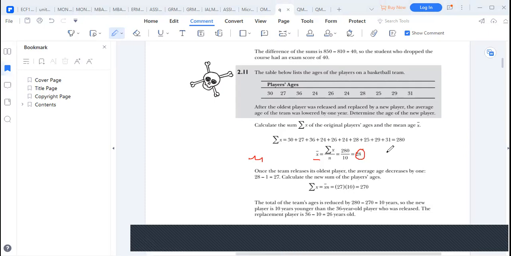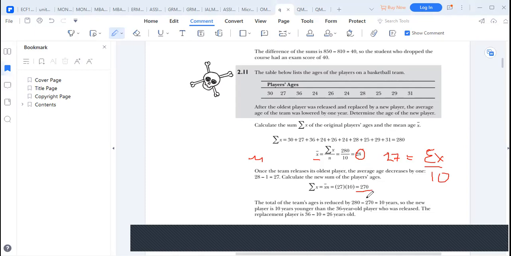So we're going to have 27 in place of the 28 is equal to sum of x, which we don't know, over n. The n will not reduce per se, since we're replacing the one player who was over age, they will still remain 10. So we'll cross multiply 27 times 10 to get 270. So 270 is the new total after the old player was replaced.